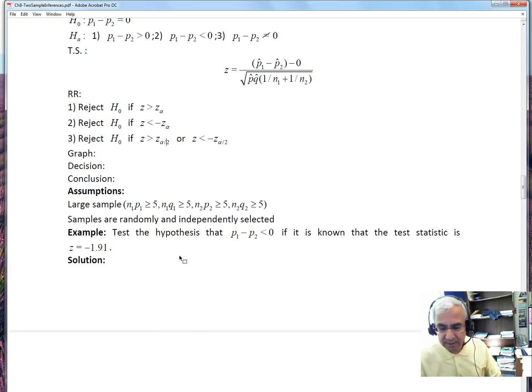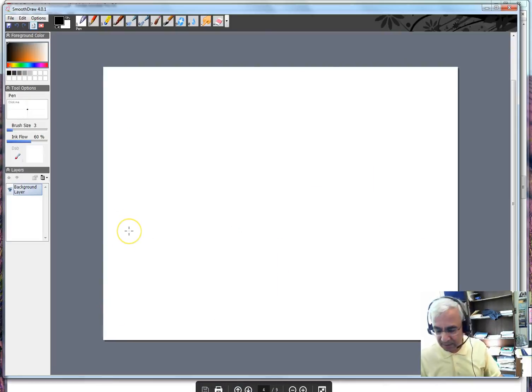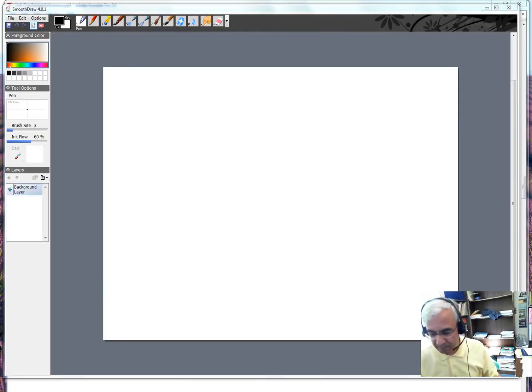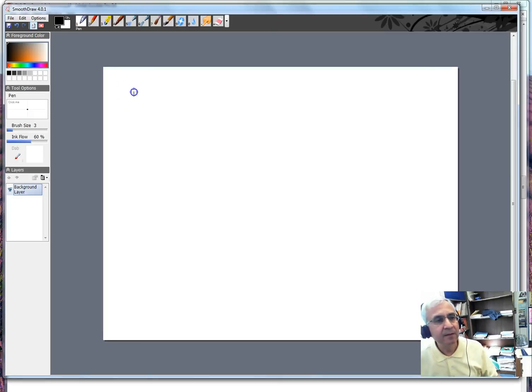So let's go and do the graphs. My first test here, HA, is P1 minus P2 is greater than 0. In this case, I would have a graph that would look like this.